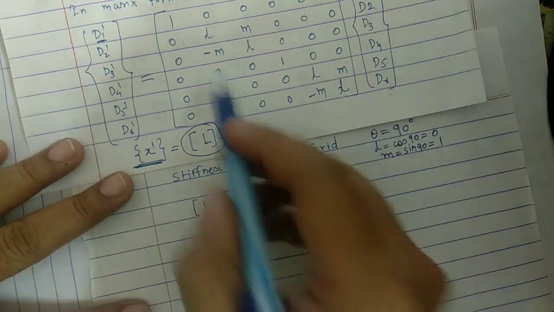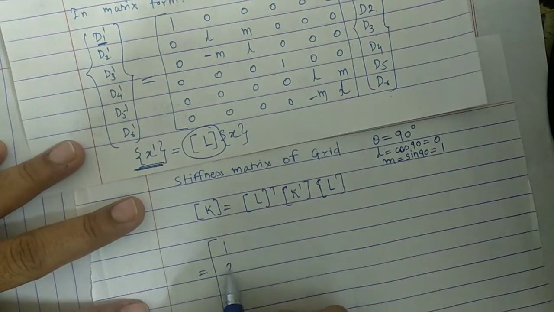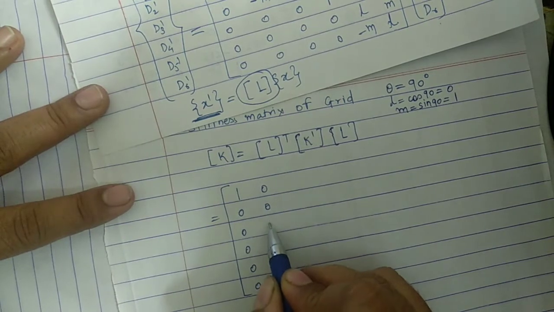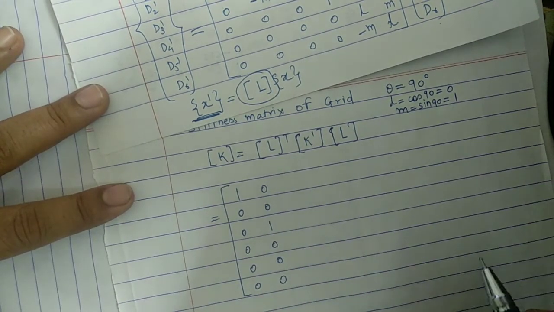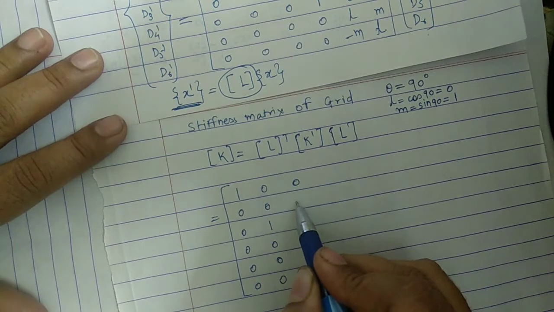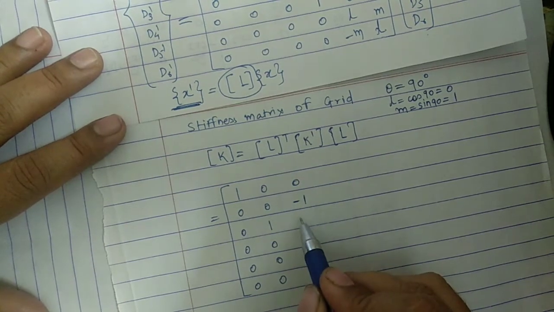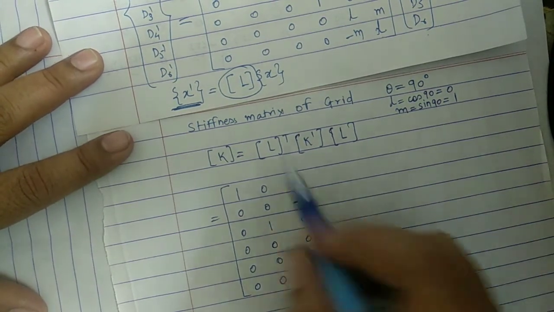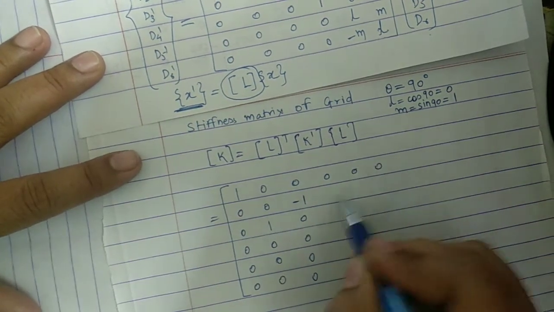So for the transpose of this matrix, the first row 1 0 0 0 0 0 is written as a column. The second row 0 L M 0 0 0 is written as a column: 0, L is 0, M is 1, and the next three elements again 0. The third row 0 minus M L 0 0 0 is written as a column: 0, minus M, M is 1, L is 0, the next three elements are 0, and the same way you have to write the remaining ones.